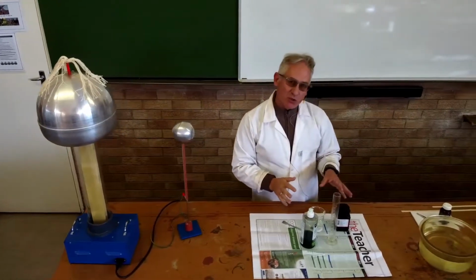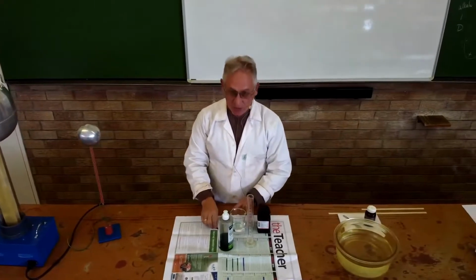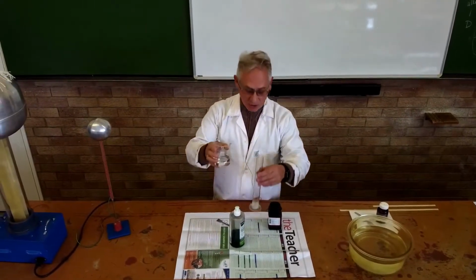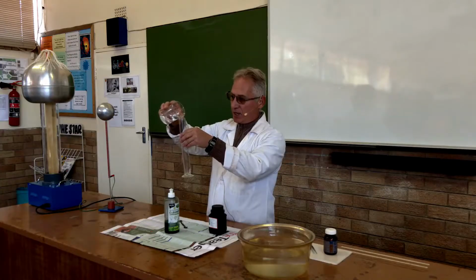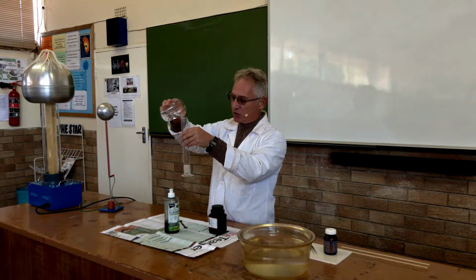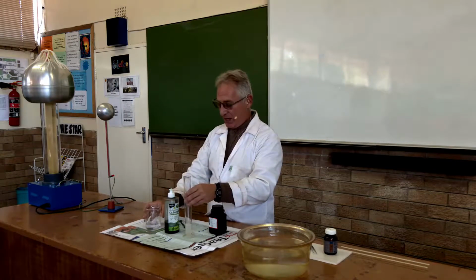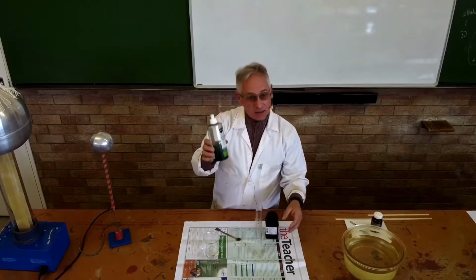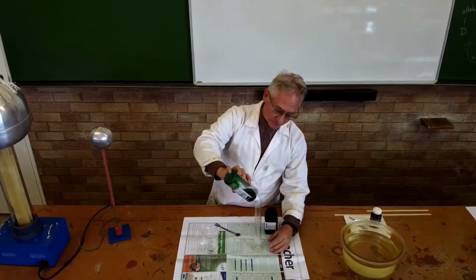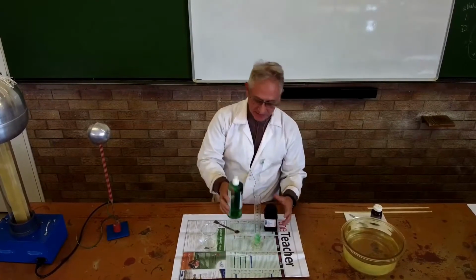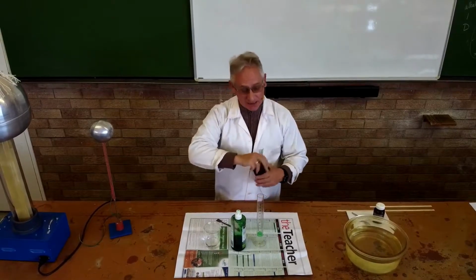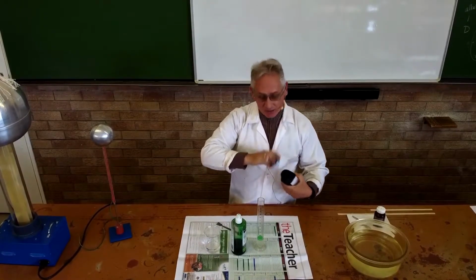Here I'm going to demonstrate a chemical reaction where we are going to take hydrogen peroxide, and I'm adding about 20 moles of that into the measuring cylinder. And to that I'm just adding dishwashing liquid, a few drops of that, and then our secret ingredient. It is potassium iodide.